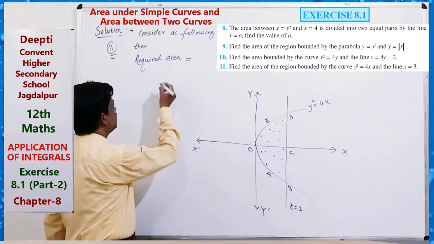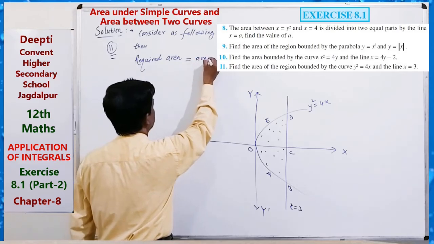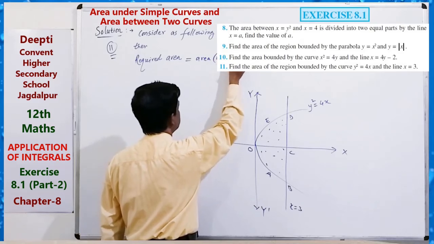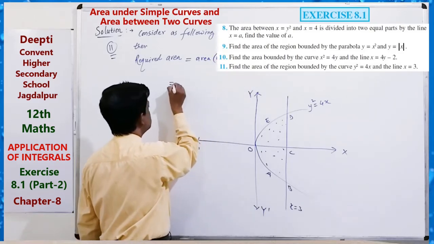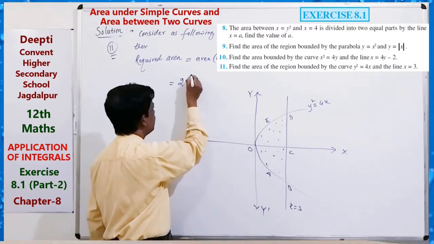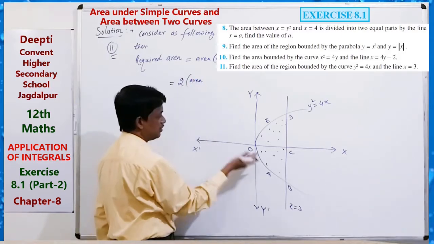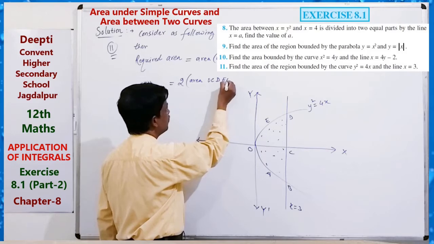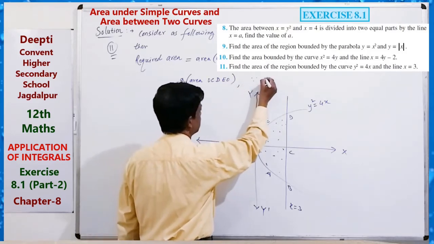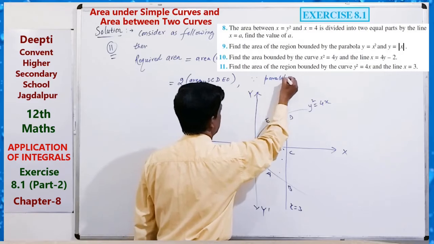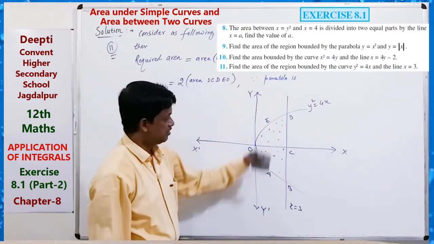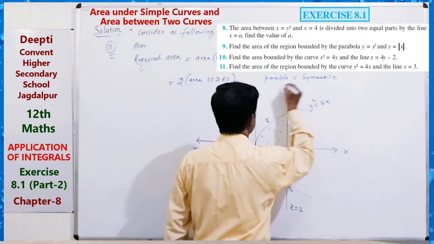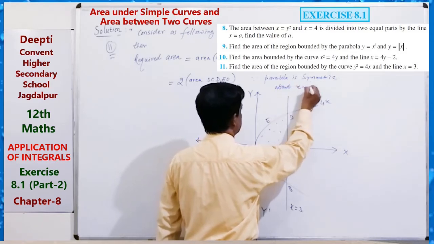So the required area is what? Area OABCDEO is equal to 2 times the area OCBEO, since the parabola is symmetric about the x-axis.